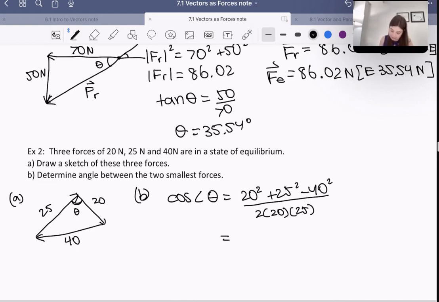And that's going to give us negative 575 over 1,000. And that's going to mean, let's grab a calculator here, that theta is equal to 125 degrees approximately. So there we have it. Okay, very good. So therefore, the angle between the two smallest forces is about 125 degrees.